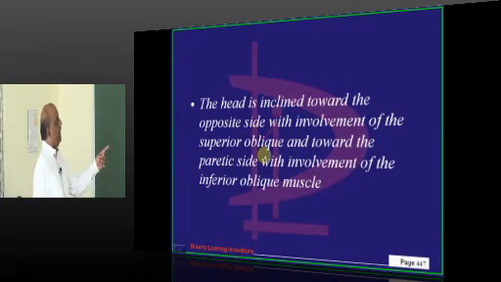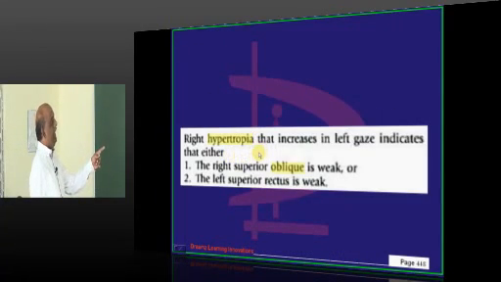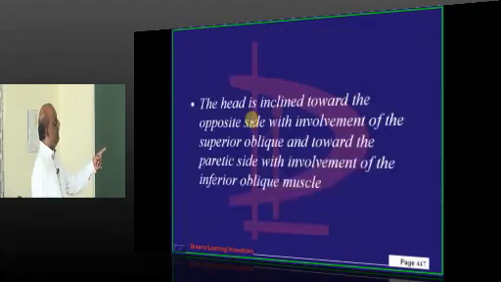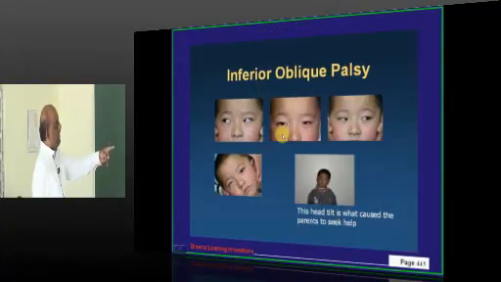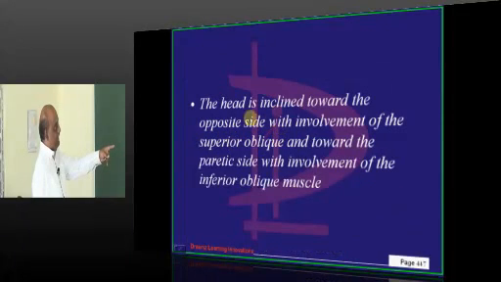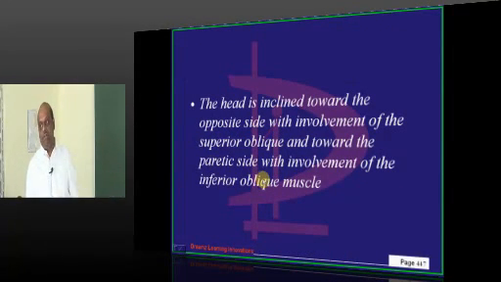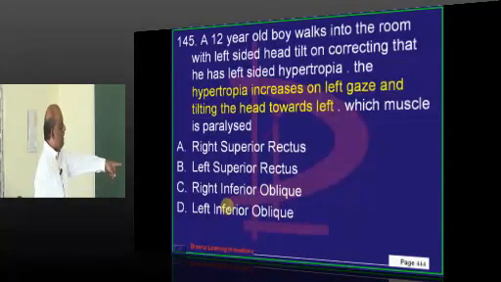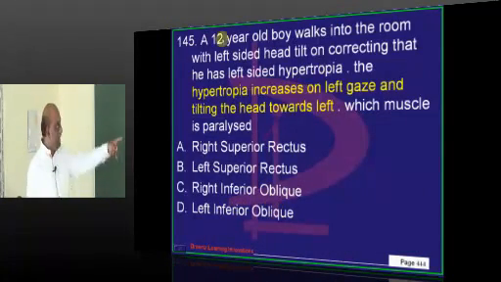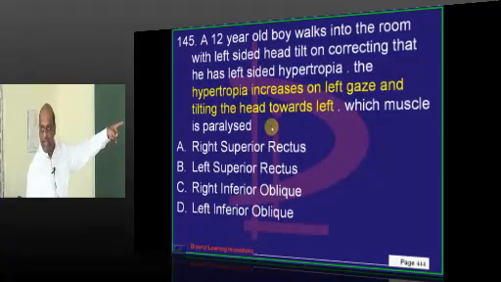Typically, in a patient with inferior oblique palsy, all these features are in concert. I leave the literature for you to review. Then the ultimate answer will come down to right inferior oblique based on the type of tilting which worsened, etc.